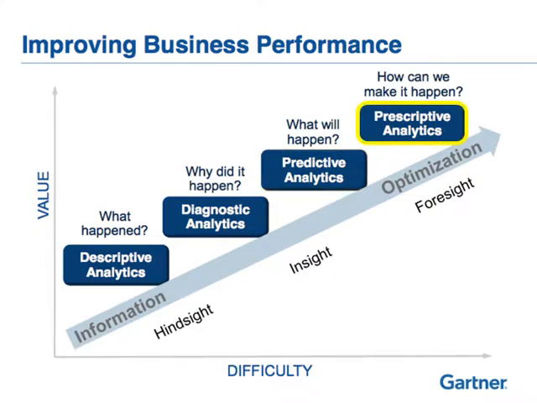And then the final stage, which is labeled prescriptive analytics, is at the optimization end of the scale. It's basically saying, what actions do I need to make as a decision maker to have the desired outcome? So we have this continuum from very basic descriptive analytics all the way up to prescriptive analytics and optimization.